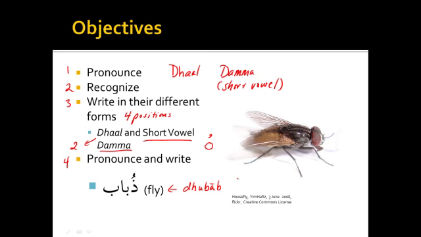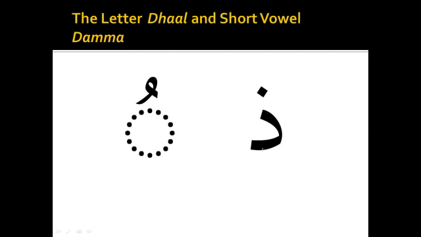Okay, let's look at our alphabet chart. Before we look at the alphabet chart, we're just going to discuss the sounds that we're learning today, which are not too difficult. So the Dhaal is like the TH. Now we discussed how the TH can have 2 sounds.